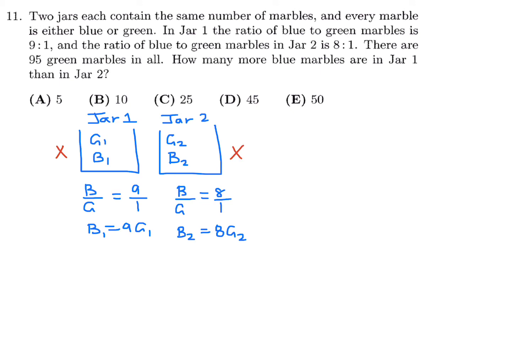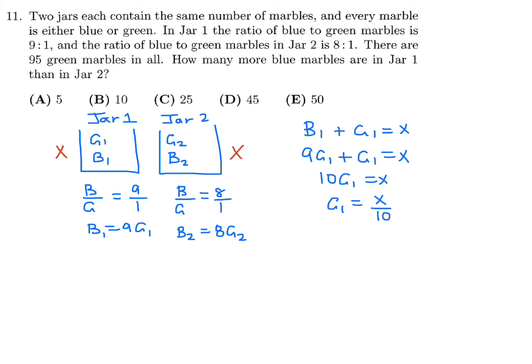So in jar 1, B1 plus G1 is equal to X. Let's put it in terms of G, which will be easier. B1 is 9G1, so 10G1 is equal to X, and therefore G1 is equal to X over 10.